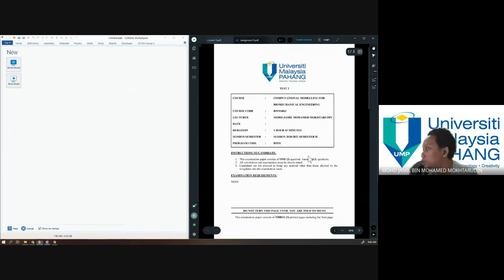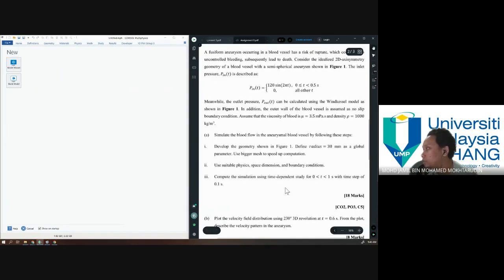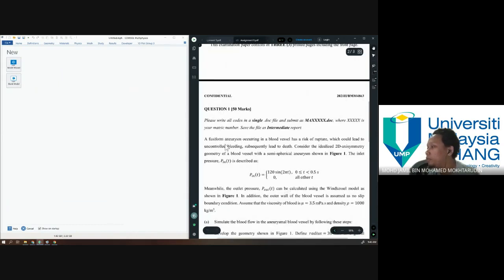Okay, so assignment 6 is about fluid mechanics, CFD. So a fusiform aneurysm occurring in a blood vessel has a risk of rupture, which could lead to uncontrolled bleeding. So aneurysm commonly occurs in the brain. Most of the time, maybe older people, maybe some of your grandparents, maybe got stroke.